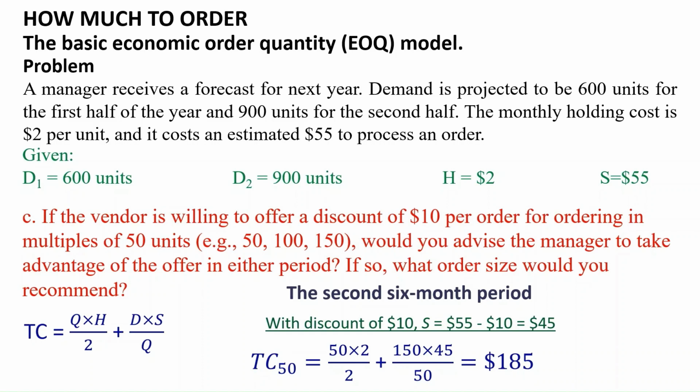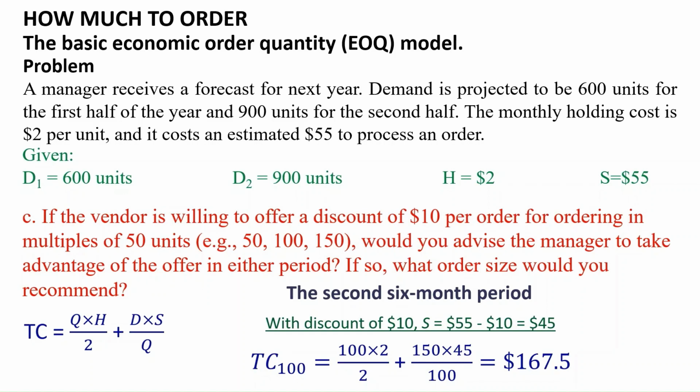The monthly total cost corresponding to Q equals 100 is TC 100 equals 100 multiplied by 2 divided by 2 plus 150 multiplied by 45 divided by 100 equal $167.50.